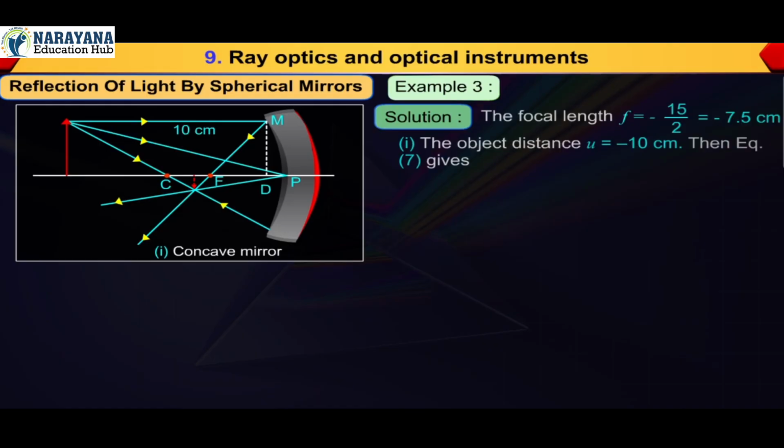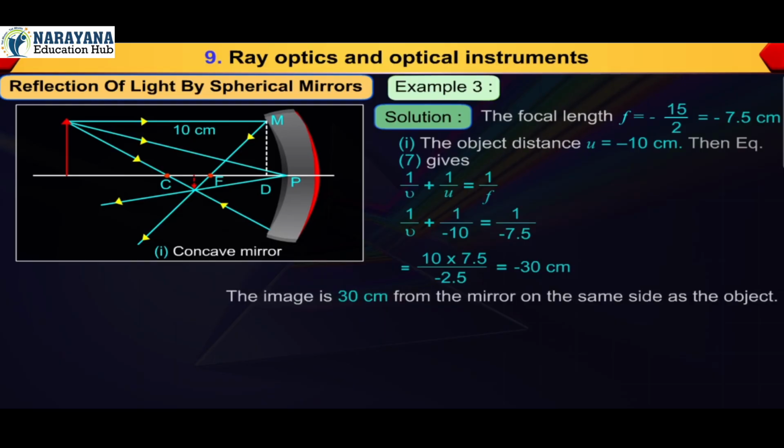Then equation 7 gives 1 upon v plus 1 upon u is equal to 1 upon f. 1 upon v plus 1 upon minus 10 is equal to 1 upon minus 7.5, so v is equal to 10 into 7.5 upon minus 2.5 is equal to minus 30 cm.